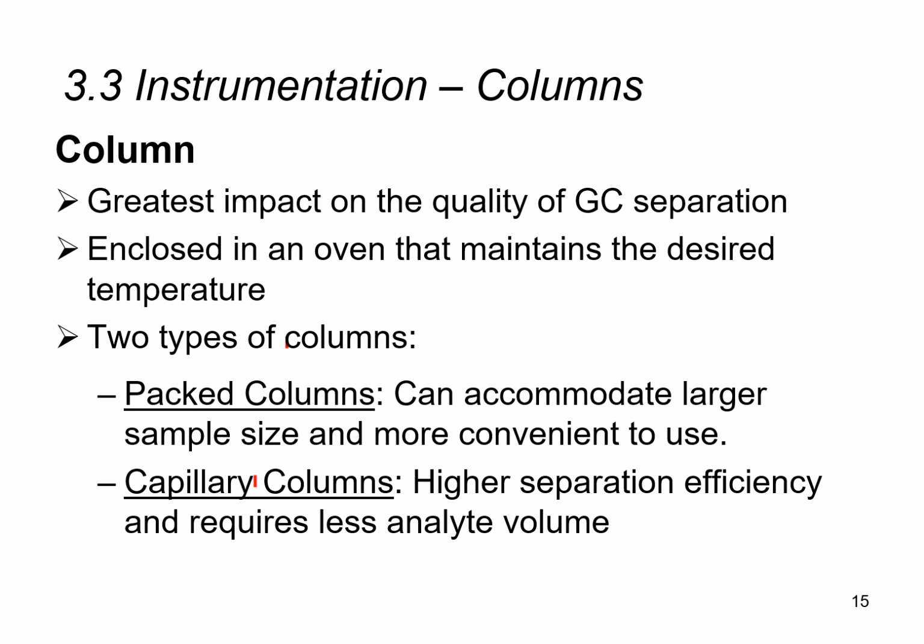These days, very rarely do laboratories use packed columns anymore. Typically we would use capillary columns, because they produce much better separation of compounds and also require much less volume of sample to analyze.